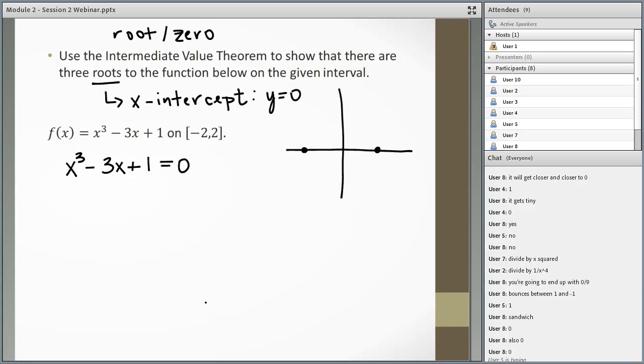But what we can do is plug in all of the values on the interval. So I can find f of -2. If I plug -2 into the function, I'm going to get a value of -1.